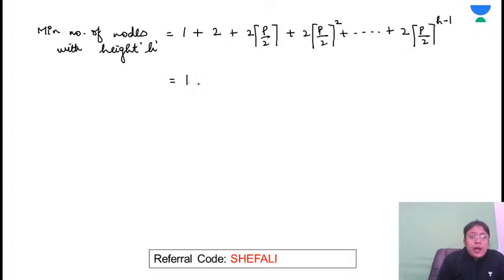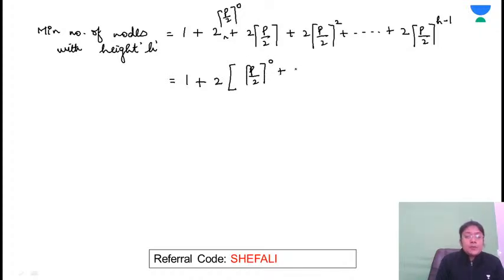This comes out to be 1 plus, here you can take this as p by 2 raised to power 0. So 2 is common. We are left with p by 2 raised to power 0 plus p by 2 raised to power 1 plus p by 2 raised to power 2 and so on up to p by 2 raised to power h minus 1.